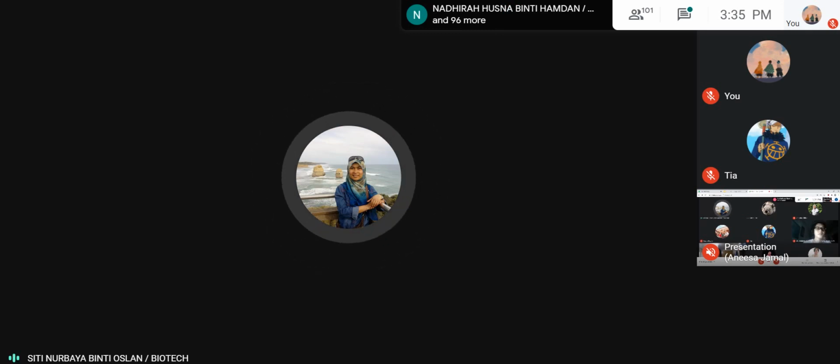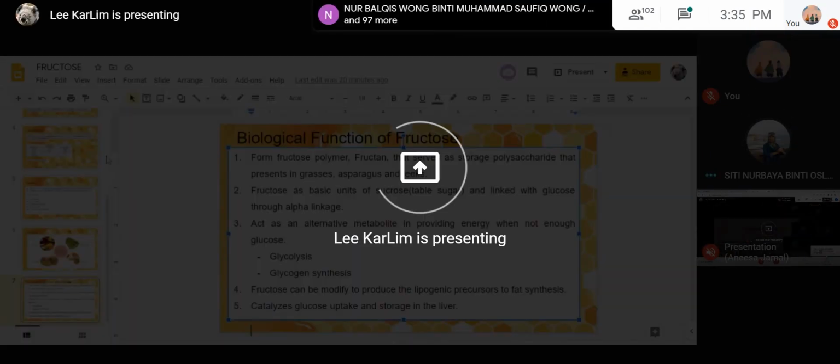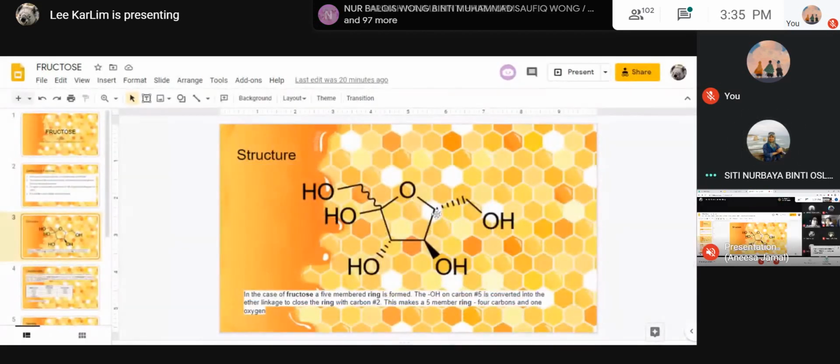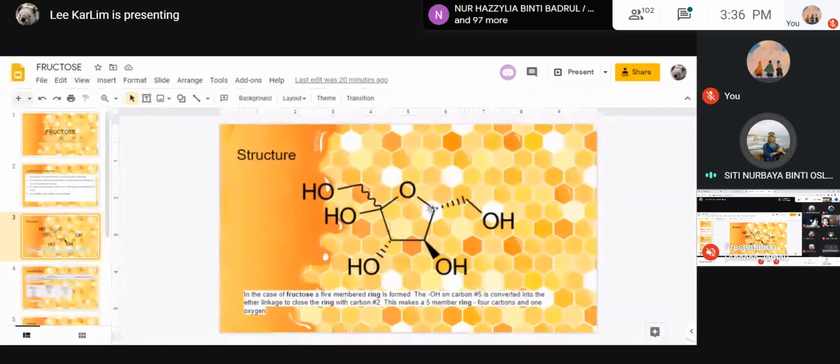So where is carbon number 1, number 2, number 3, and where is the functional group? What can be detected, and how can it be detected in the lab to classify this as fructose, and how is it different from the other sugar? From here, where is carbon number 1, 2, 3, 4, and 6?